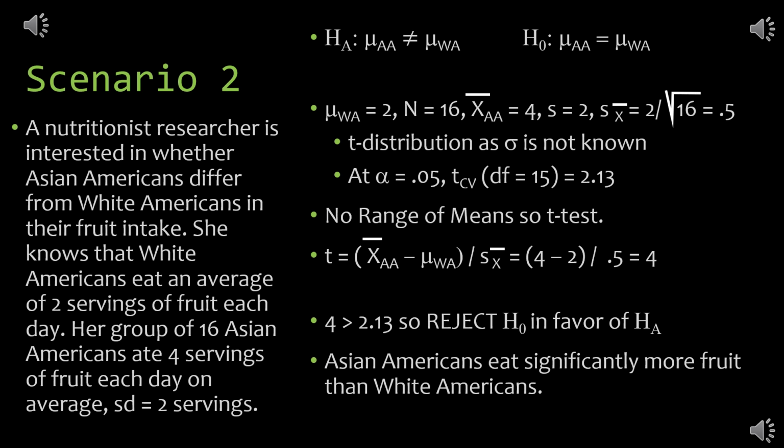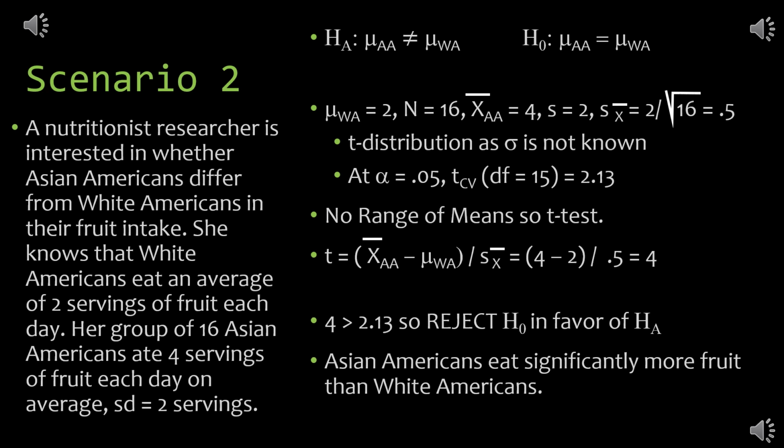Because we have S and not sigma, we know that we need to use the t-distribution and not the z-distribution. So when we look t up on 15 degrees of freedom, we get the t-critical value for a two-tailed test of 2.13. She's not asking for a range of means, so we know that we need to do a t-test and not a confidence interval.